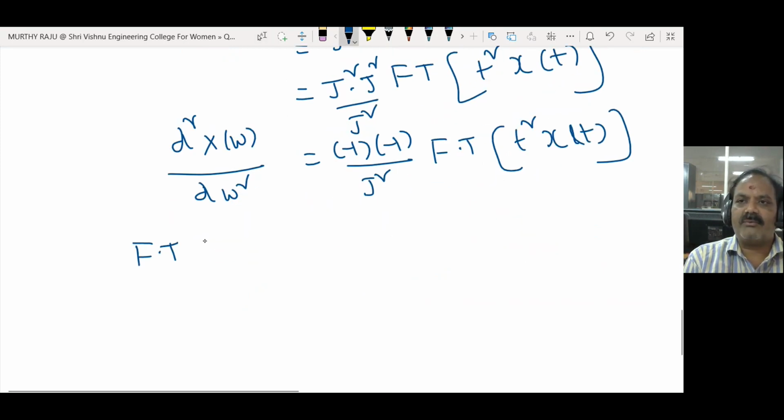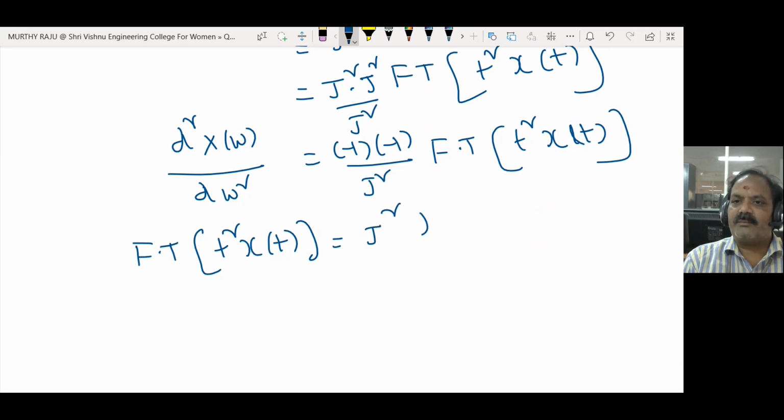Finally, the Fourier transform of t square x of t is equal to, minus into minus is plus, j square d square X of omega by d omega square.